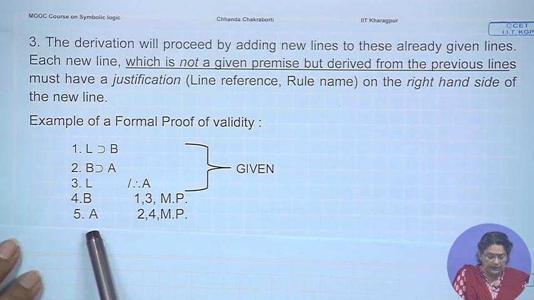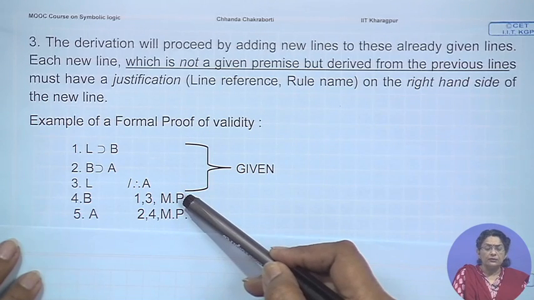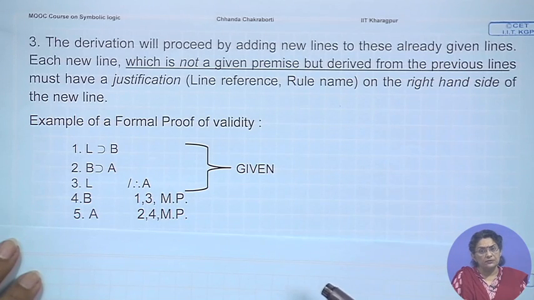Here you have done it in 2 lines, and that is an advantage that you should remember. How do I know each line is correct, or each line is true? The answer is because you are using valid argument forms, modus ponens. So, all these 9 rules become the basic guarantee that you are doing something where your truth is preserved, and that is very important.